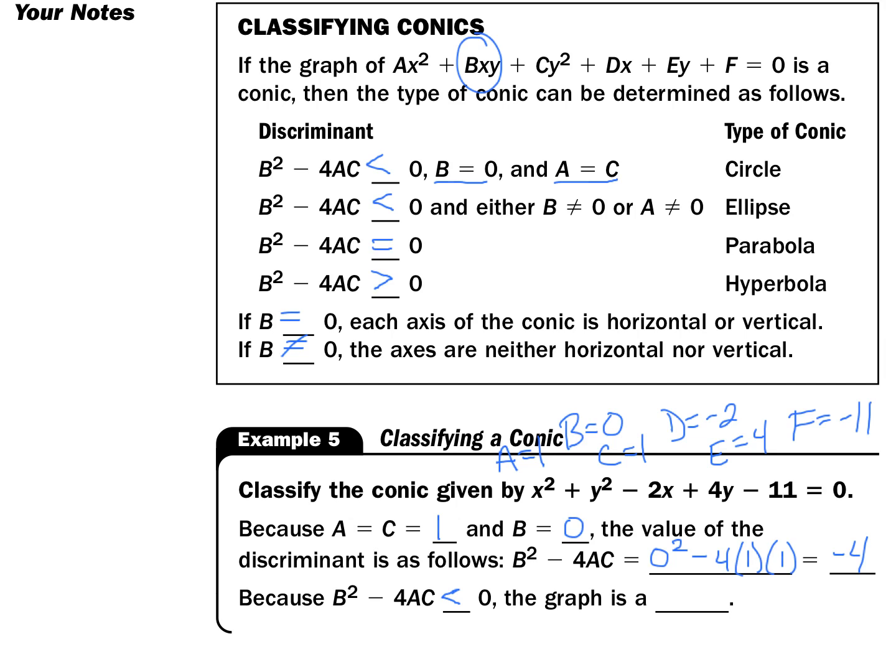Okay, so less than 0 means that it's either a circle or an ellipse. And since we know that a is equal to c and b is equal to 0, the graph must be a circle. Okay, and that pretty much wraps it up for identifying and classifying conics and graphing translated conic sections.